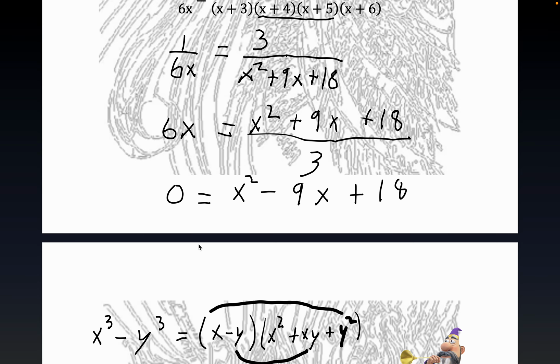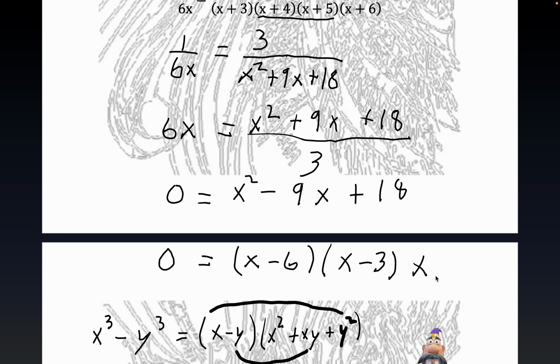We end up with x minus 6 times x minus 3 equals 0. And of course, that intimates that x is either equal to 6 or 3.